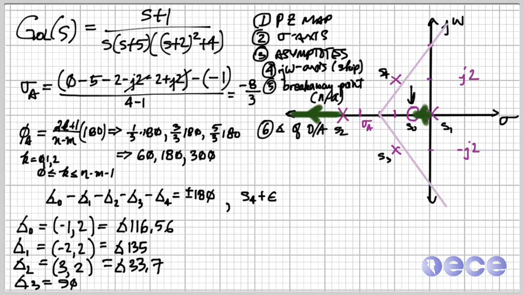So now I'm going to take angle 0 minus angle 1 minus angle 2 minus angle 3 minus angle 4. It needs to be plus or minus 180 degrees. So 116.56 minus 135 minus 33.7 minus 90 minus angle 4 is equal to plus or minus 180 degrees.